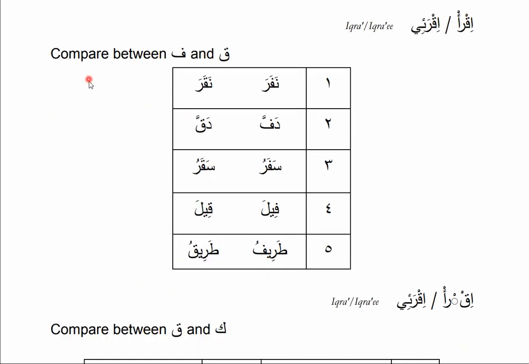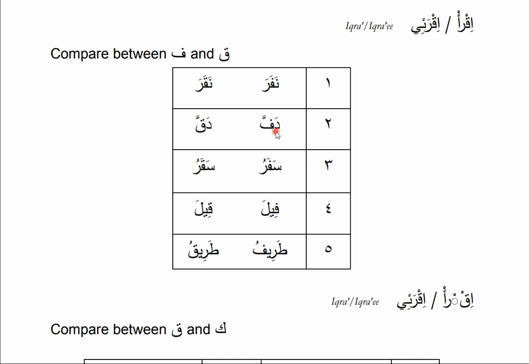So now they are comparing between qaf and fa. As I told you, these two letters have only one difference: qaf has two dots and fa has one dot. So that is the point of recognition here. Nafara, naqara, daffa, daqqa. That's how you need to recognize the articulation or the makhraj of the letters.